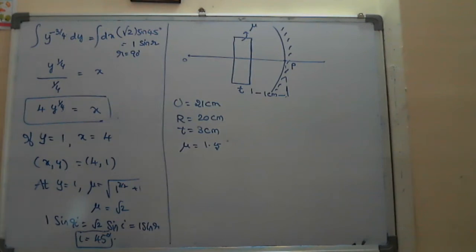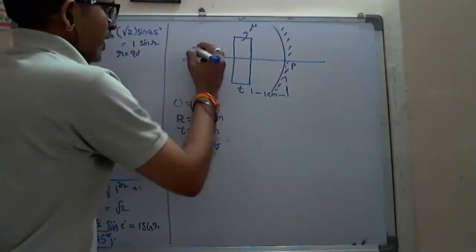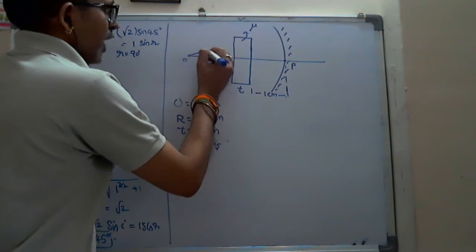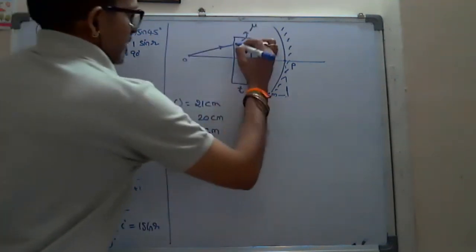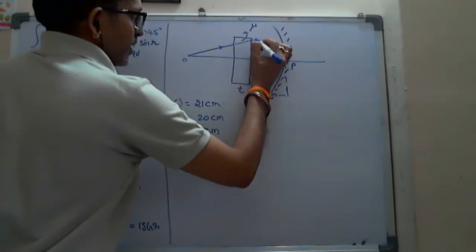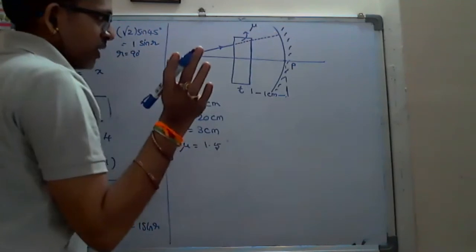In this case, keep in mind, suppose a light ray is incident on the glass slab. If there is no glass slab, straight away it will go like this and be reflected back.